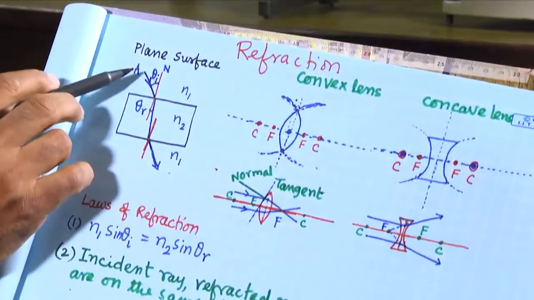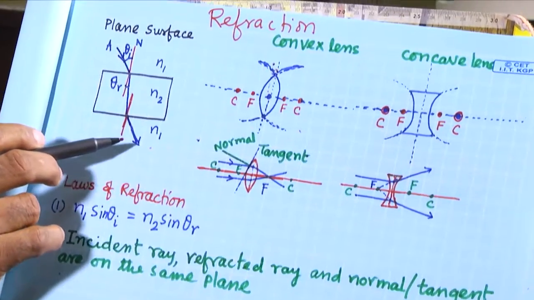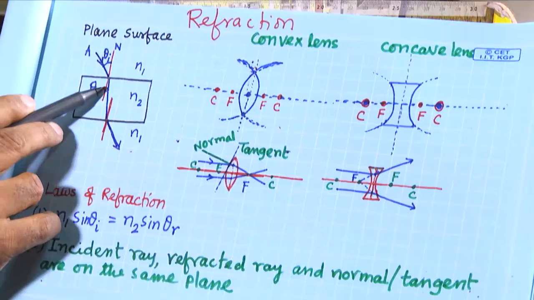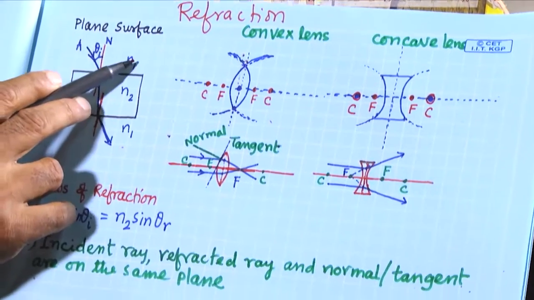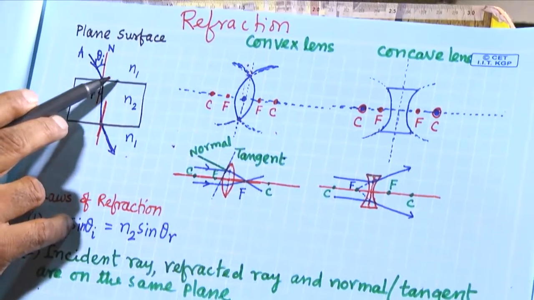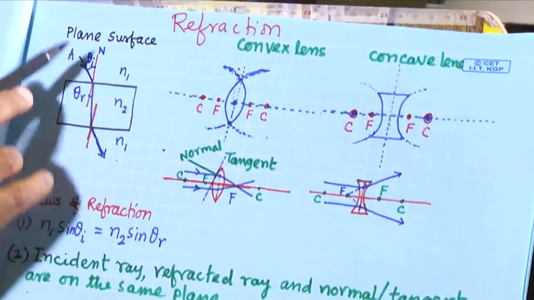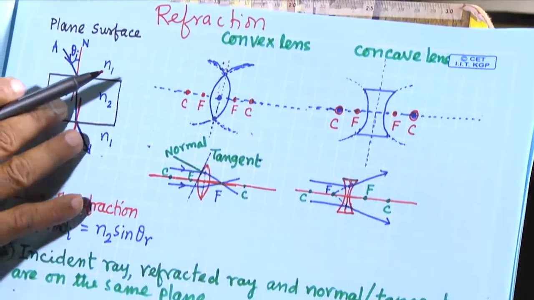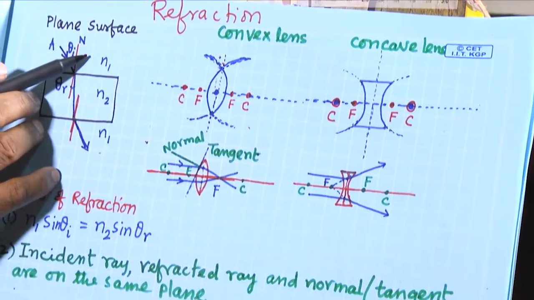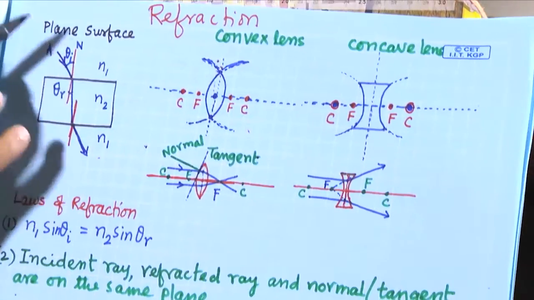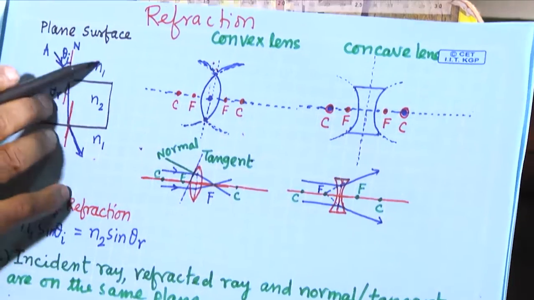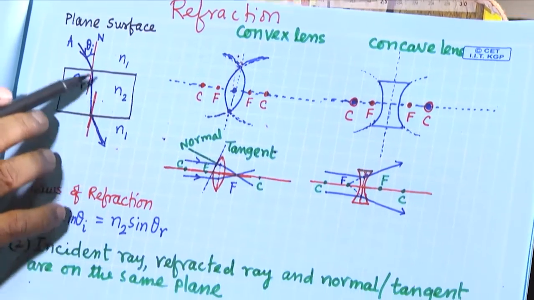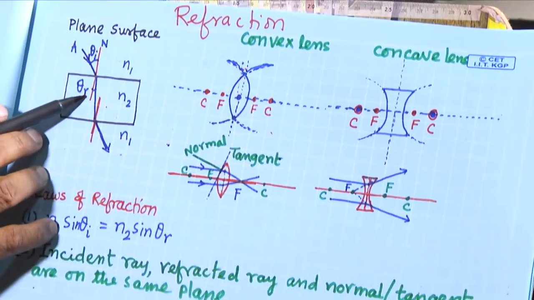So, what is refraction? You know that this is the incident angle and this is the refracted angle. Refraction is only possible at the interface of two media of different refractive indices n1 and n2. The angles are theta i and theta r, the refracted angle.